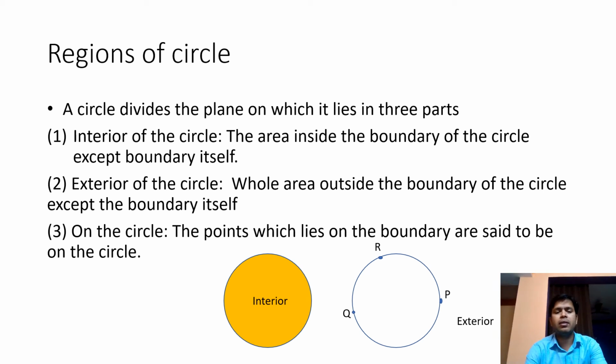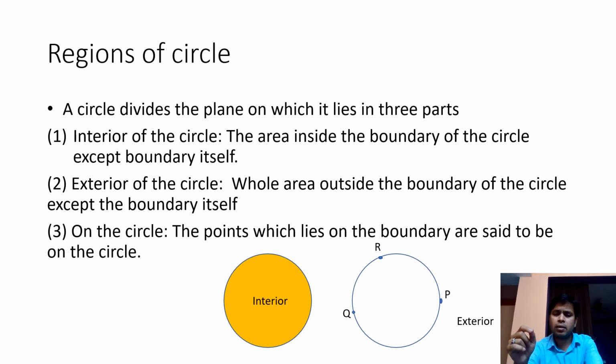We can see the figure here. The yellow part is the interior of the circle. In this, the boundary is not included. So always remember this. What is the exterior of the circle? Everything outside of the circle is known as the exterior of the circle, right?